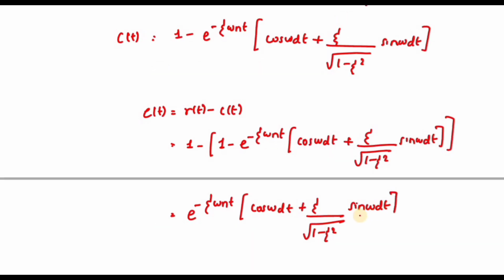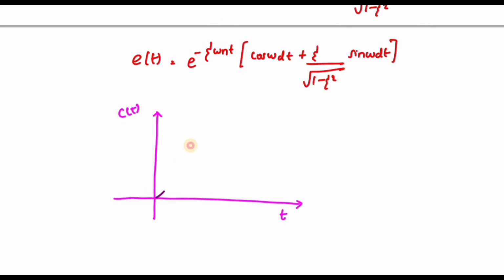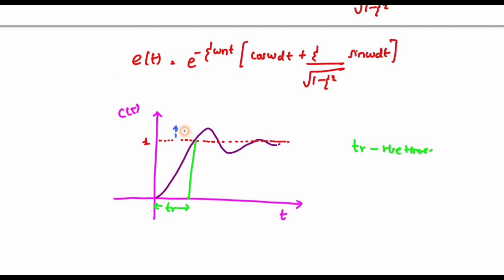If I plot the graph for t versus c of t, for the underdamped case, it will be like this. So this is my 1, and the time at which it reaches the 1 is called tr, the rise time.